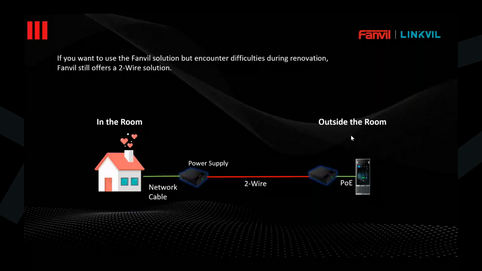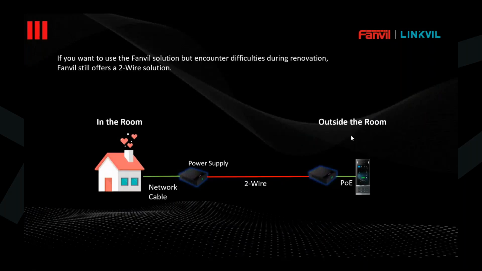This two-wire comes with two boxes. One box will be connected to the first end of the house, and then the second part will be connected to the intercom, which is an IP intercom, which works with IP. With this solution, you will eliminate the whole wiring.